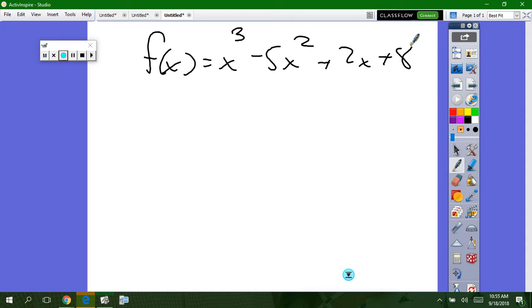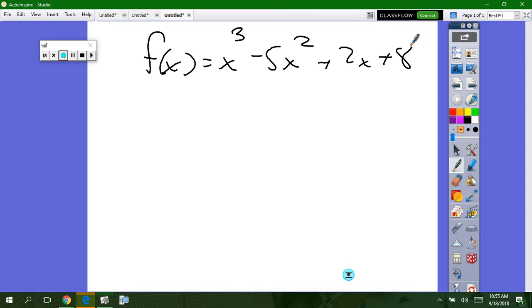Because these guys share an x squared and I'd be left with x minus 5, but if I pull out the 2, it'd be x plus 4, so it doesn't factor. Does that make sense? Is everybody there with me? Okay. So with that being said, today I want to still find the zeros, and what we're going to be doing is using our possible rational zeros. That's really our goal today.